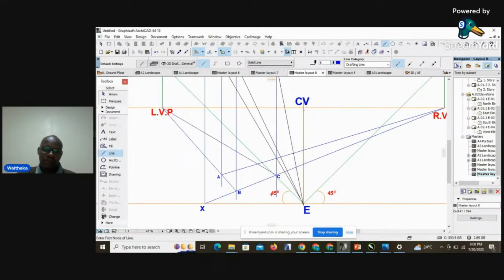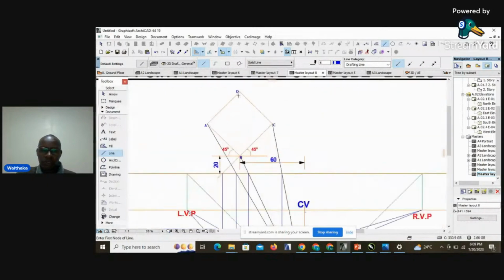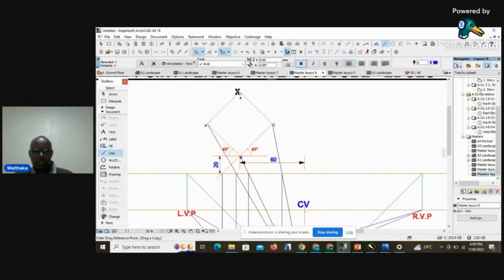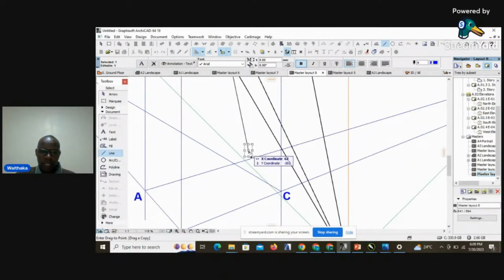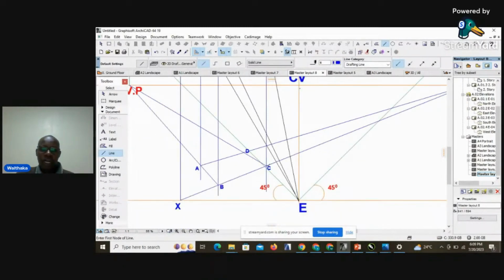And then basically you'll notice that the intersection between the line that is coming from point C to the left vanishing point and the one that is coming from point A to the left vanishing point will give us point D. So therefore we've already established point D. So that is our point D. And then now we already have generated the perspective of the base of the cube. The base of the cube in perspective.